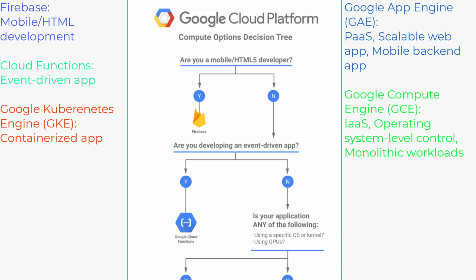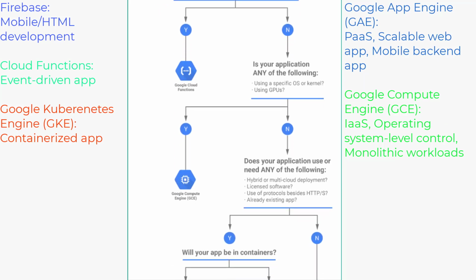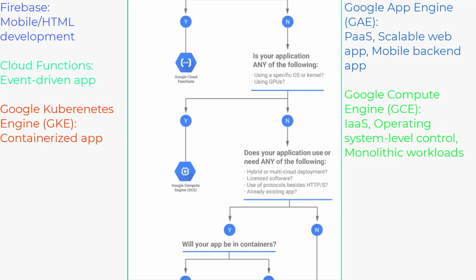If the application has specific requirements such as a specific OS or kernel or GPU access, or it requires you to lift-shift from on-premises to public, hybrid, or multi-cloud deployments, or monolithic workloads, or use of protocols besides HTTPS, then you should use Google Compute Engine, GCE.